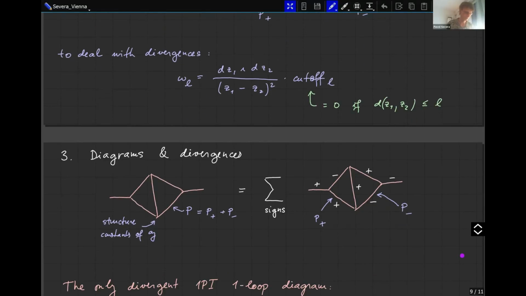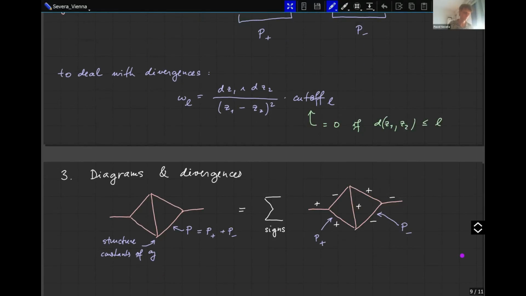Okay, so now Feynman diagrams. In Chern-Simons theory, Feynman diagrams are given by trivalent graphs, possibly with some leaves, and we would put some sources or some external fields on those leaves.